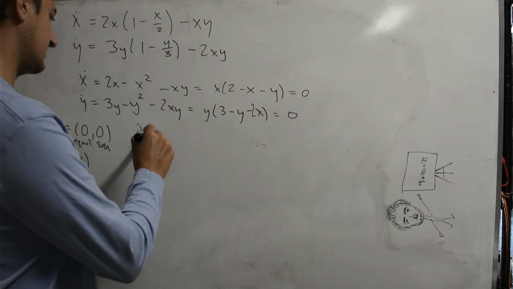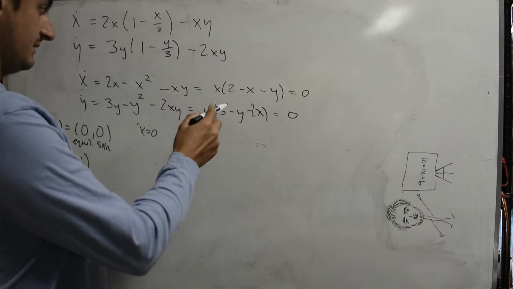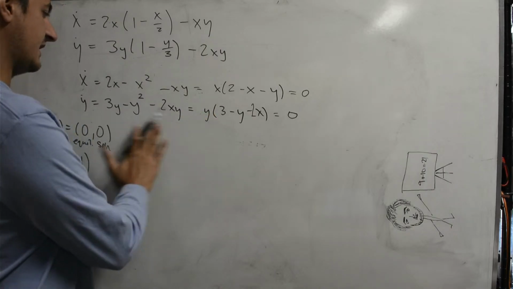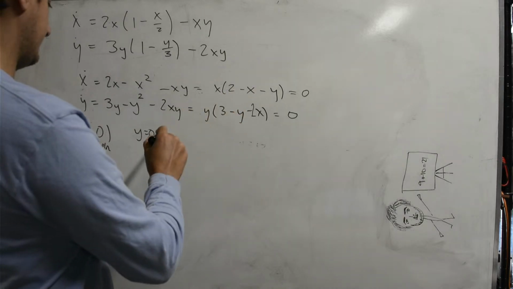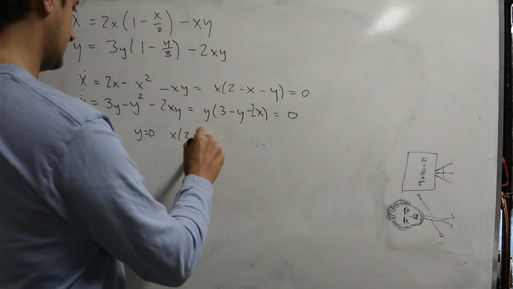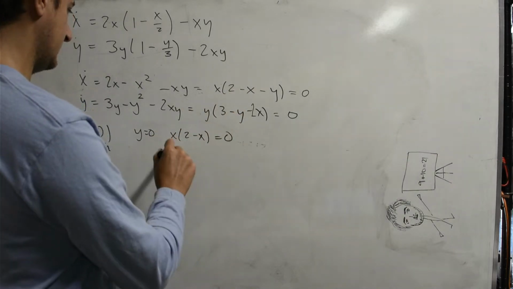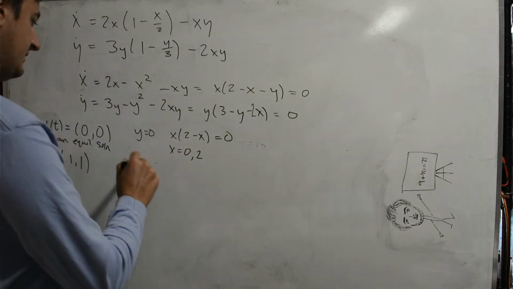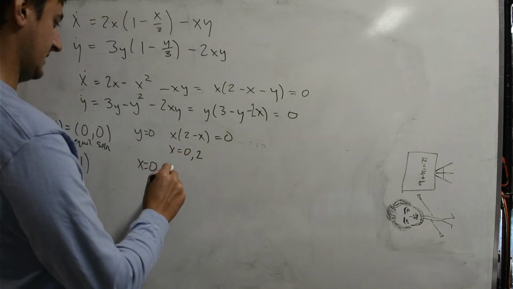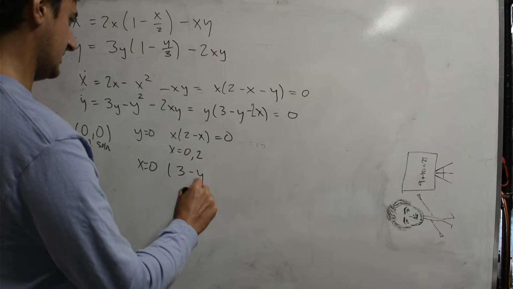So let's start by taking y to be 0. Then we have x times 2 minus x equals 0, so x equals 0 or 2. Then if x equals 0, we get y times 3 minus y.